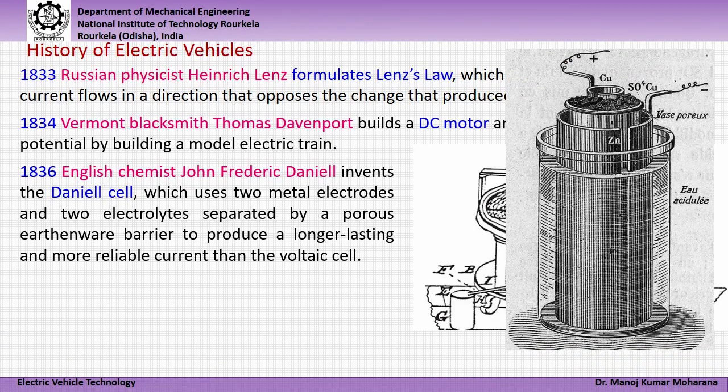Two years later, in the year 1836, English chemist John Frederick Daniell invented the Daniell cell, which basically uses two metal electrodes and two electrolytes separated by a porous earthenware barrier to produce a long lasting and more reliable current than the voltaic cell.